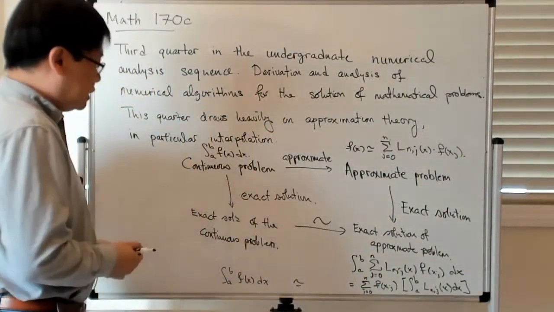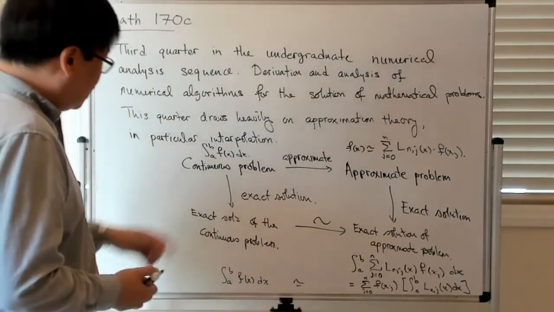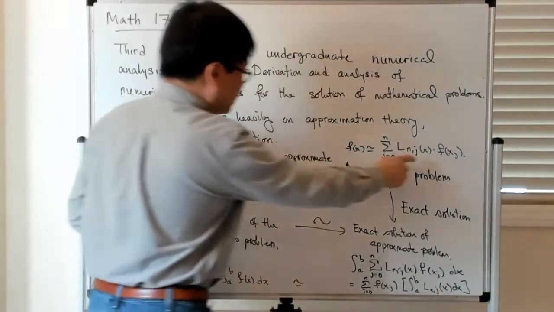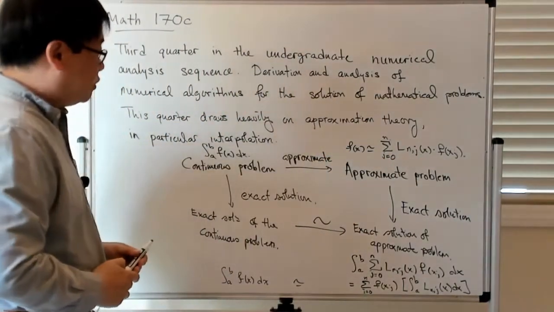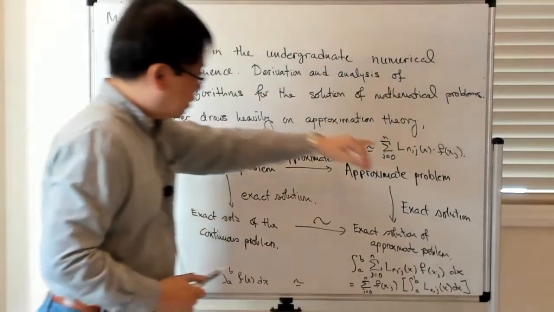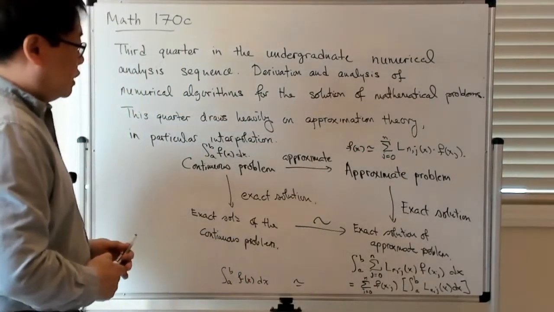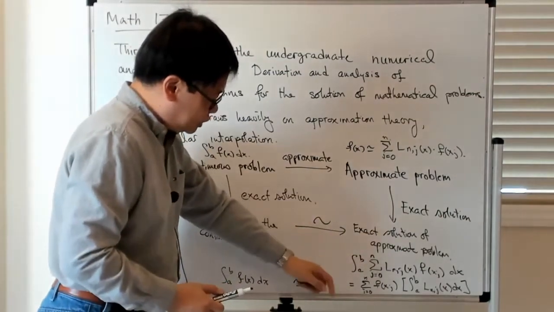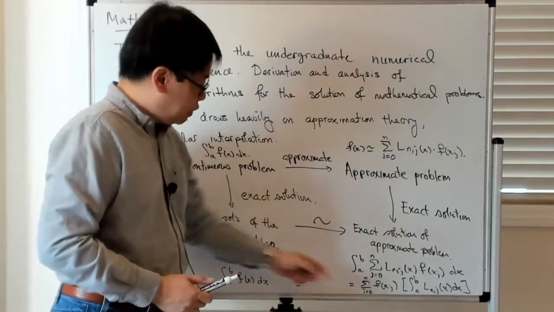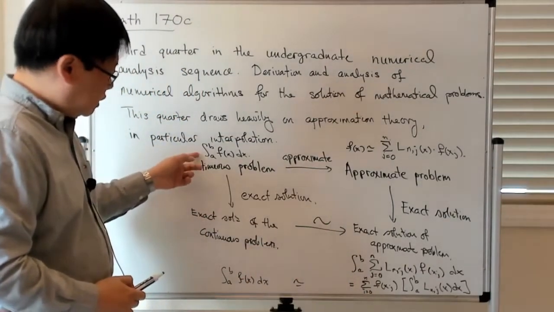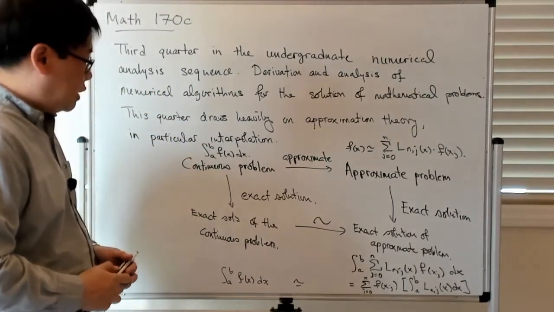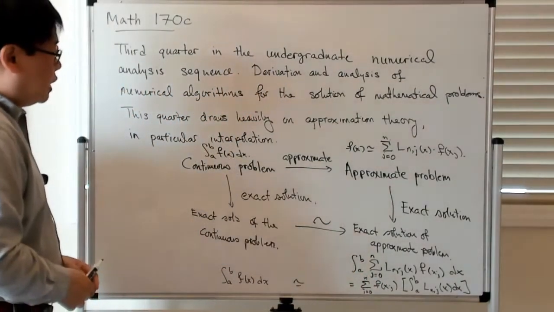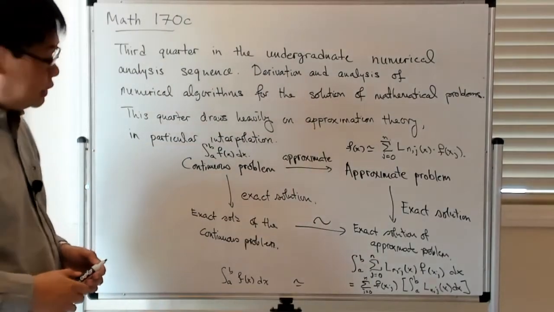This is an example of how, if you know something about function approximation, replacing f(x) by an interpolant, for example the Lagrange interpolant, often leads to a reasonable candidate for the approximation of the original problem you're working with. In fact, this is a very systematic way of constructing numerical integration techniques based on interpolants.